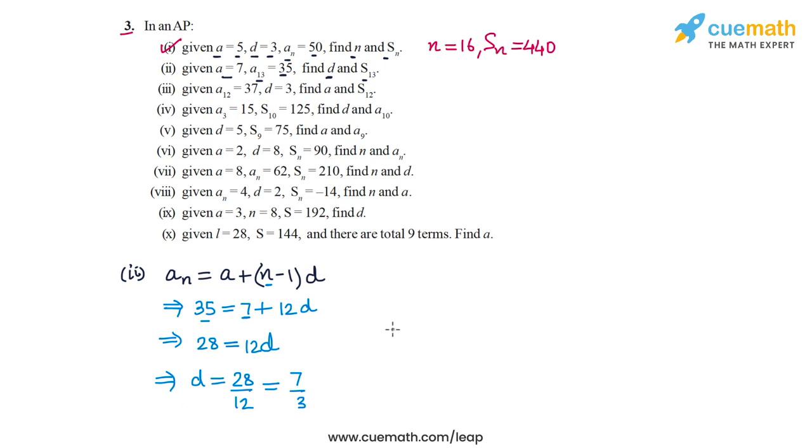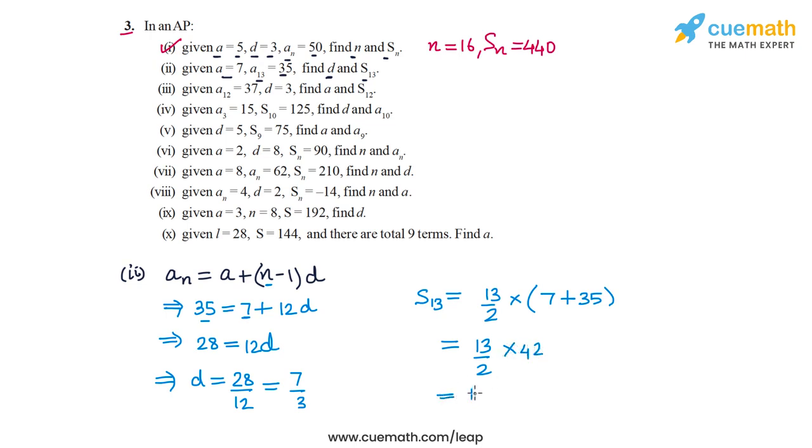And now let's find S13, the sum of the first 13 terms. So S13, let's use the formula n by 2 into a plus l, the last term. So n is 13, so 13 by 2 into a plus l. So a is 7 and the last term is 35. So 13 by 2 into 7 plus 35, or 13 by 2 into 42.